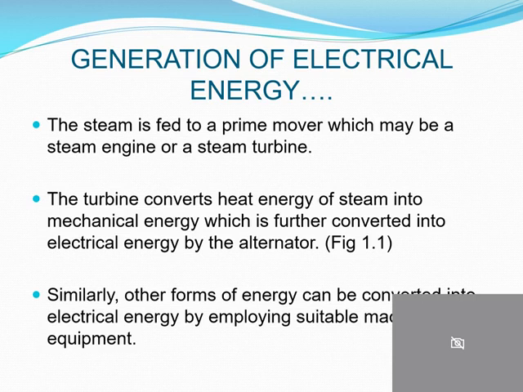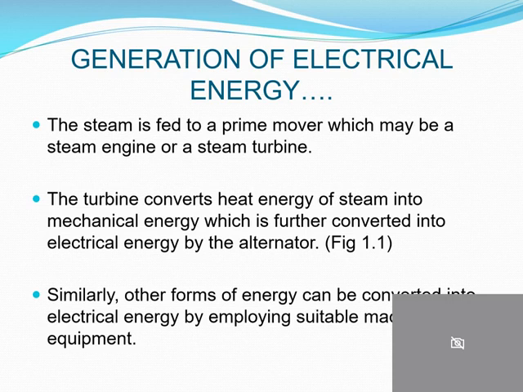So, in the case of your coal powered stations, we have a steam that is fed into our prime mover or turbine, which may be a steam engine or a steam turbine.